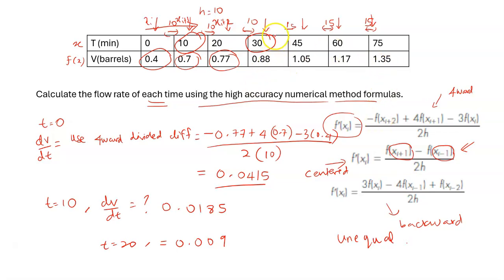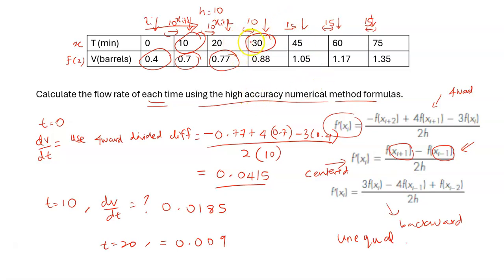For t equals 30, I don't have the formula here. You can refer to the formula in my lecture note. For t equals 30, you can use the unequal data. The question is actually asking for high accuracy. So this unequal formula and centered formula are the most accurate methods. Then only comes the forward and backward.